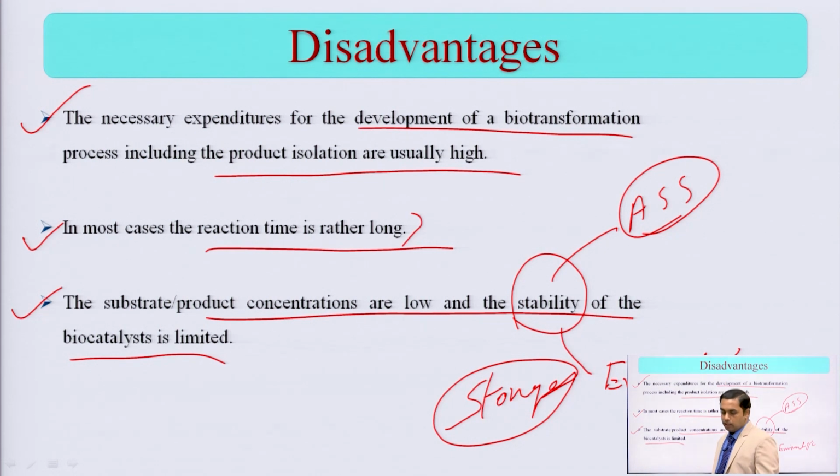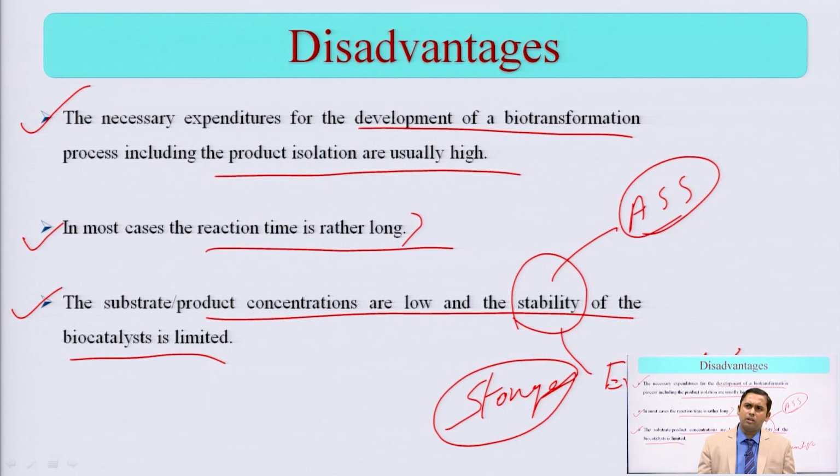We have to take care of such disadvantages, and if you minimize these disadvantages, then this will work very nicely. My dear students, as all of you are learning and all of you are very young and this field is rising, I suggest that if you have some free time, you may spend it searching on Google about microbial biotransformation in the 21st century.